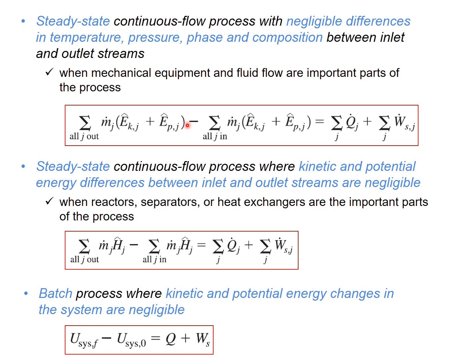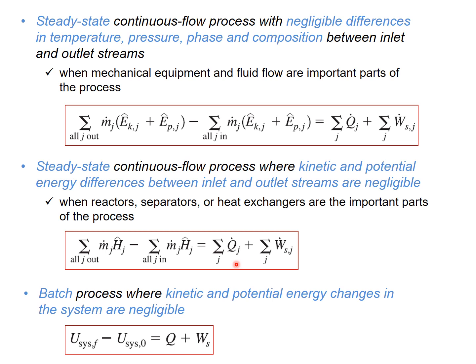Therefore, let's go to the next, the chemical process energy balance equation for steady-state continuous flow processes. We could neglect the kinetic and potential terms for chemical processes. Then enthalpy output minus enthalpy input is equal to Q plus W. This is the most popular equation, which is applicable to steady-state continuous flow chemical processes.